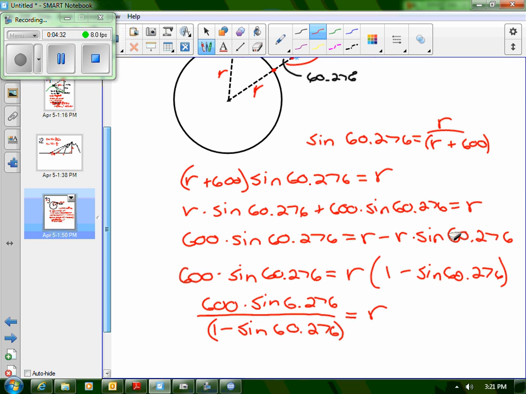That gives you a radius of 3,960.1 miles. That's the radius of the Earth. That's all I got.